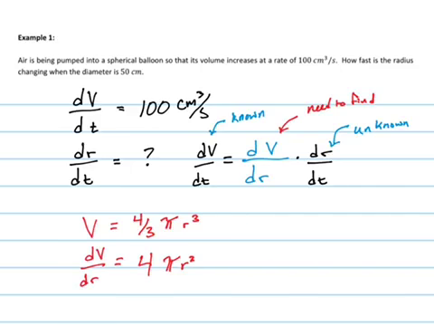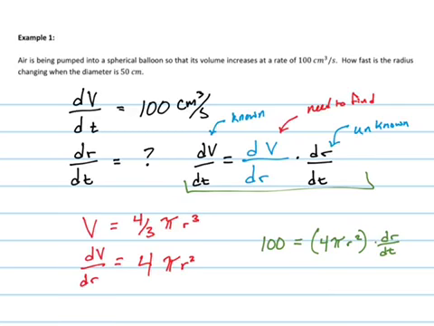So, back to our formula. dV/dt, which we know is 100, is equal to dV/dr, which we know is 4 pi r squared, times dr/dt, which we're trying to find.